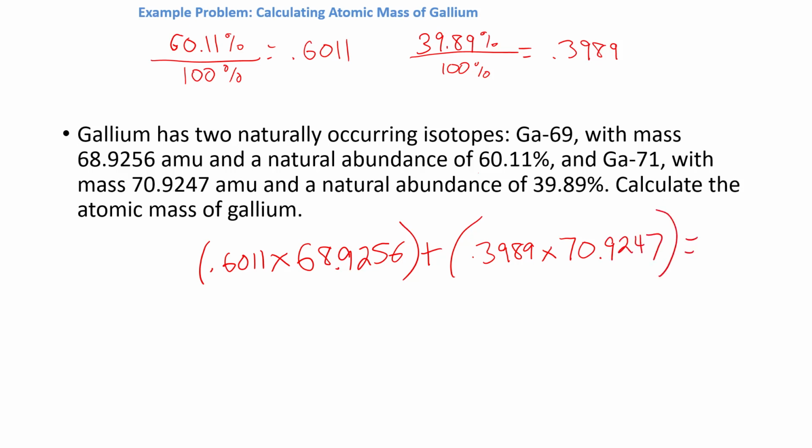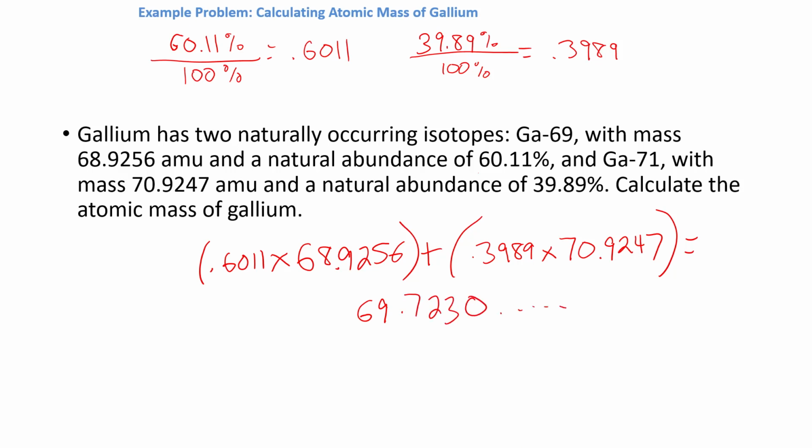And when we do this in our calculator, we're going to actually want to use those parentheses. So parentheses 0.6011 times 68.9256, close your parentheses, plus, next parentheses, 0.3989 times 70.9247, close those parentheses, and we get 69.7230 and so on.